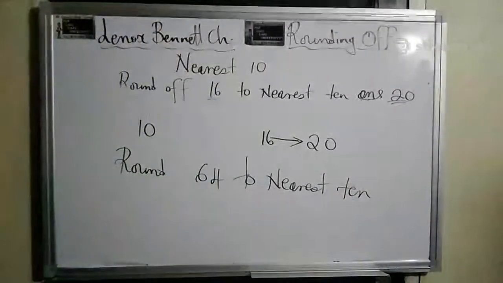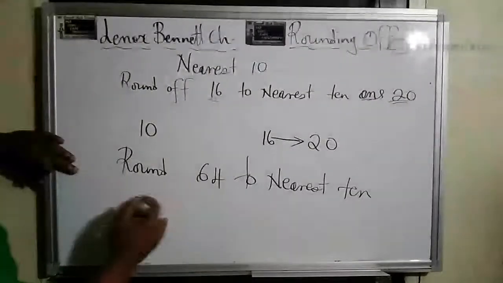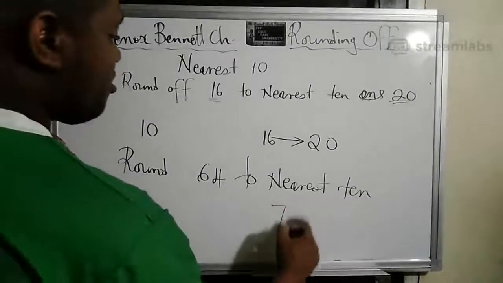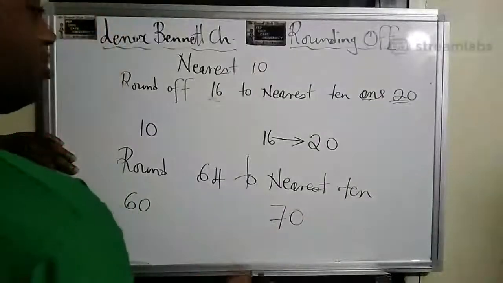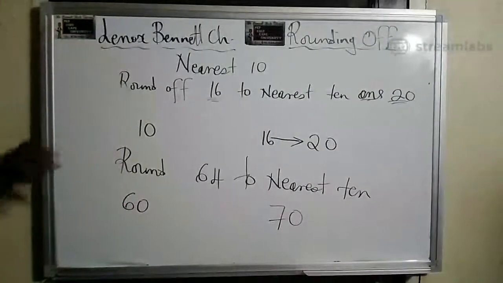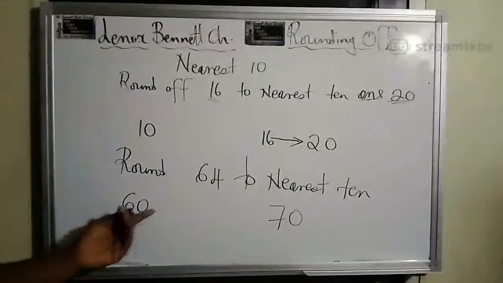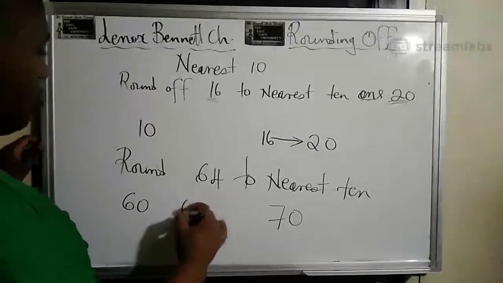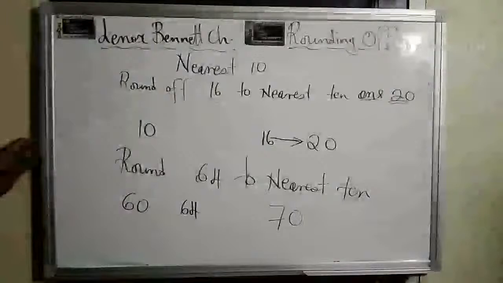So let's examine 64. It is either closer to 60 or 70. Let us look at it practically. We'll have 61, 62, 63, 64. So 64 comes about here.